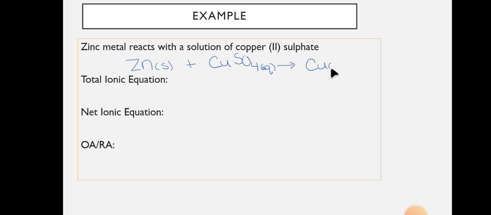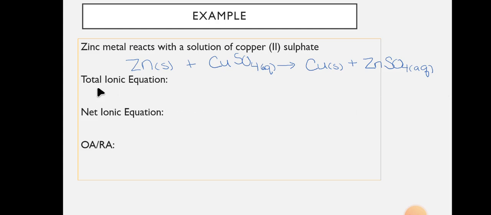So you'll end up with copper solid, and then zinc will come with sulfate. Zinc has a charge of positive 2, so with sulfate at negative 2, you just need one of each to balance. So we have our chemical reaction, and this does not need any coefficients to balance because it's already balanced.